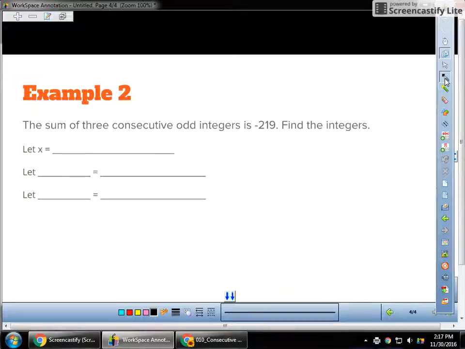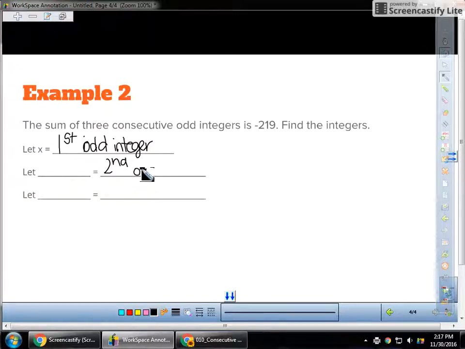So here we have the sum of 3 consecutive odd integers is negative 219. Find the integers. We know x is our first odd integer. Our second odd integer is always represented by x plus 2, just like even numbers are represented. And then my third odd integer is represented always by x plus 4.